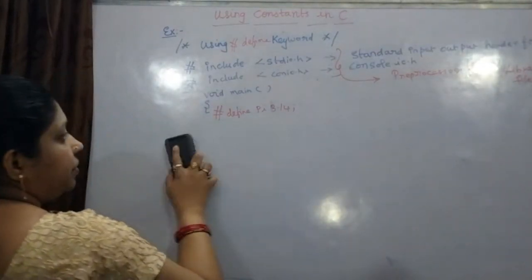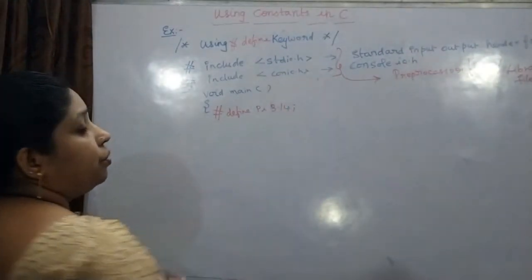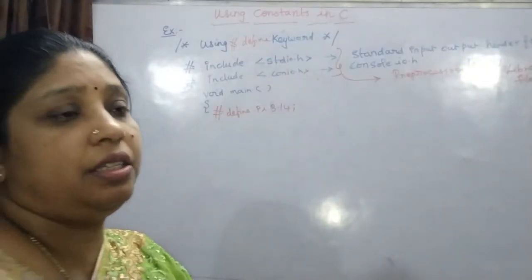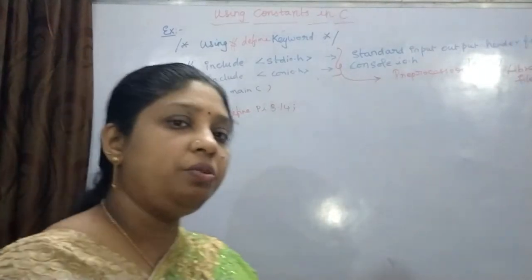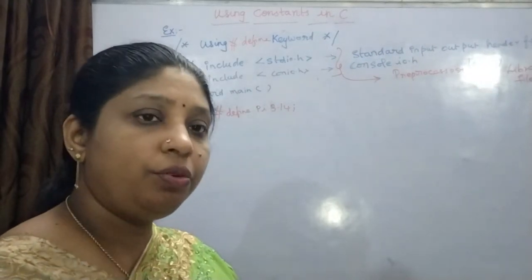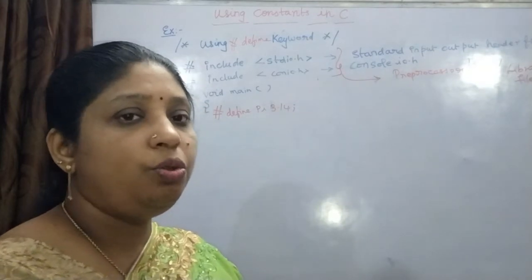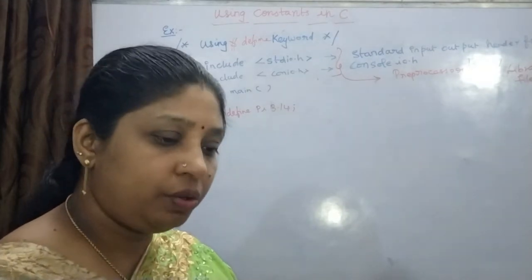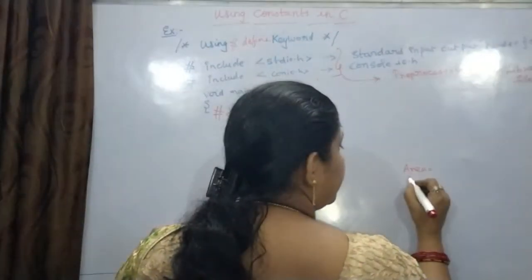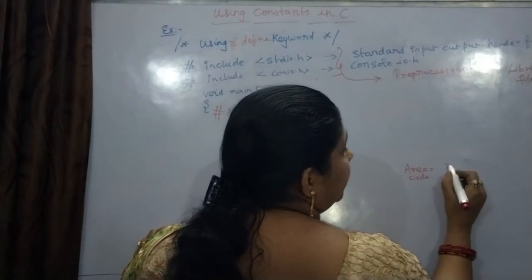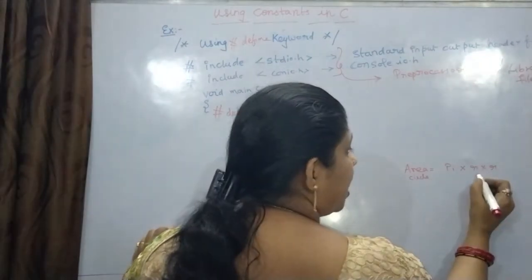Now I am writing a program to find the area of a circle. To find the area of the circle, you have to enter one input, which is called the radius. The formula is pi into r into r, where r is the radius.